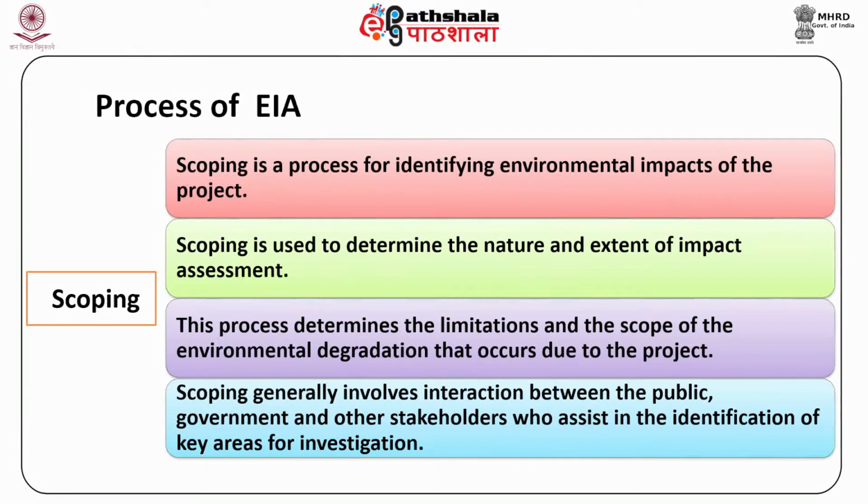When the list of the impact is very large, only the most significant impacts are selected. This process determines the limitations and the scope of the environmental degradation that occurs due to the project.